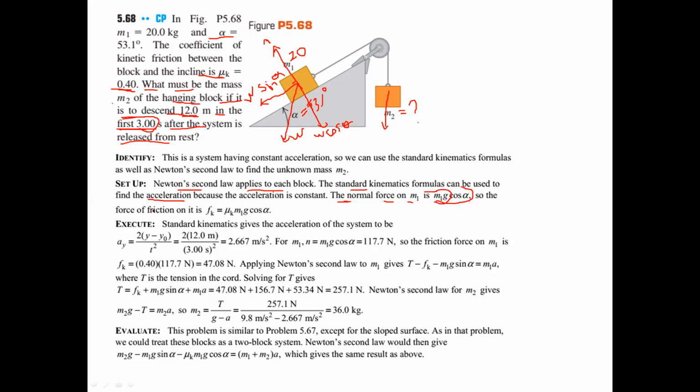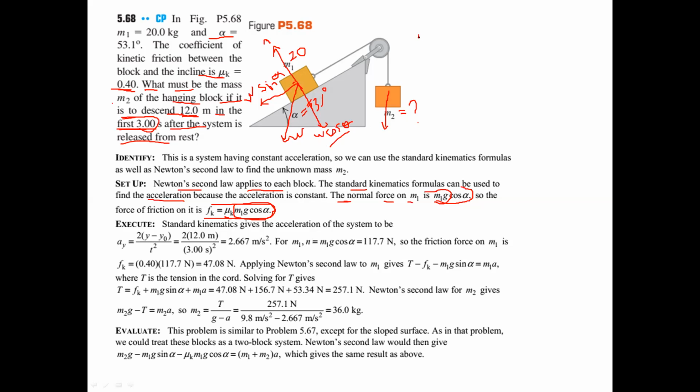So in this case, the friction force will be equal to the friction coefficient times the weight, okay? The actual weight is this one, but the apparent weight in this system will be this one, okay? So you can easily find the acceleration. What you know is the motion for this mass in the y direction.